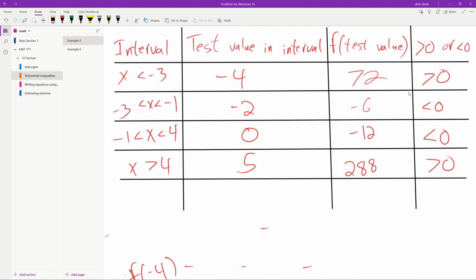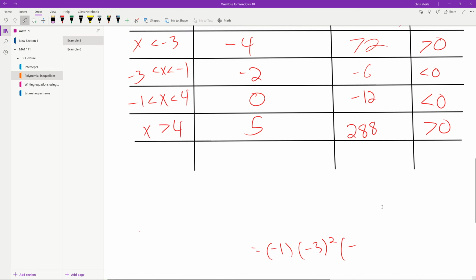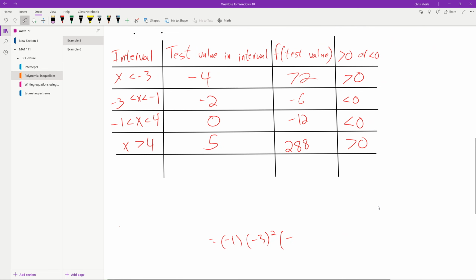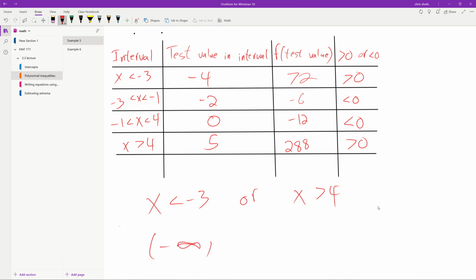So I'm looking at the intervals x is less than -3 or x is greater than 4. Or in interval notation, I could write this as negative infinity to -3, union 4 to infinity.